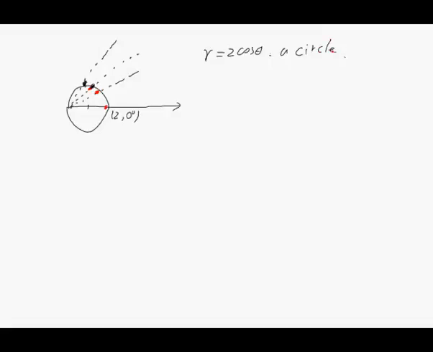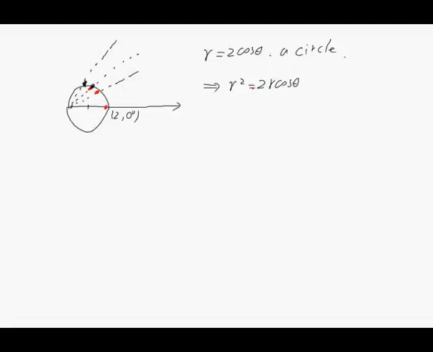Now, let's see how we convert this polar equation to a rectangular equation, and use the knowledge we have learned about the circle to prove the graph of this polar equation is really a circle. So, to do this conversion, we first multiply both sides by r. Then we get r squared equal to 2 times r times cosine theta.